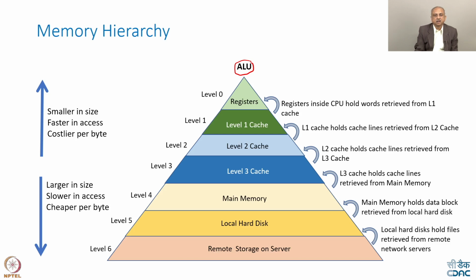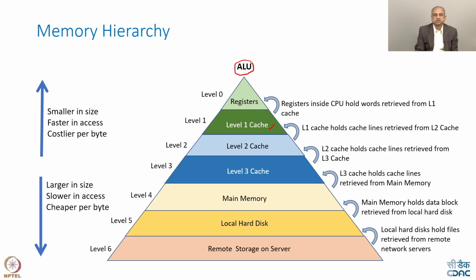As a result, beyond the registers there is level 1 cache. The data in level 1 cache will come at the fastest speed, and will be fed to the register, and most of the time the register operands are fed to the ALU.